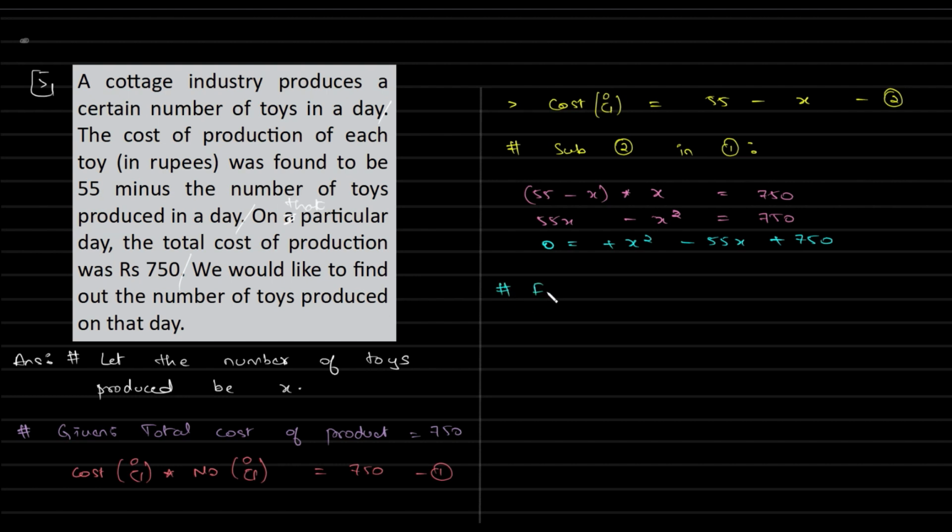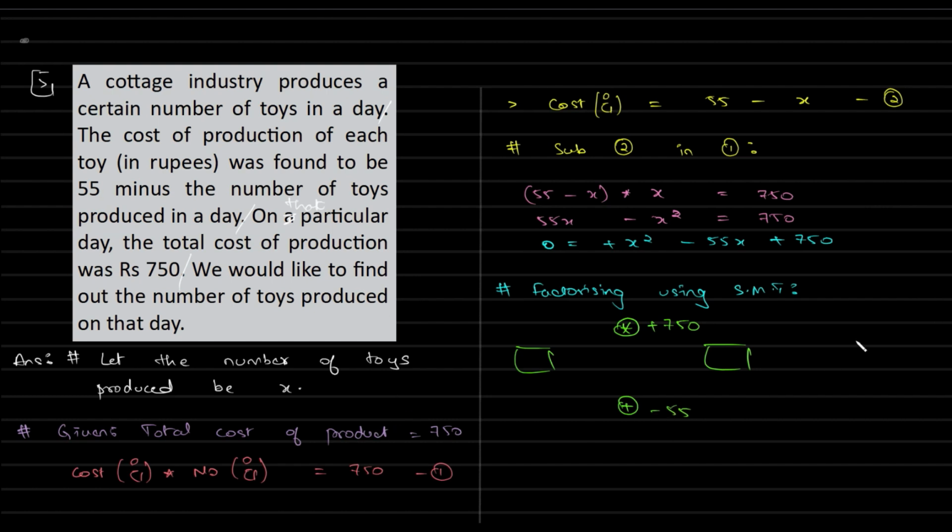So factorizing, using splitting the middle term. Now we're looking at two numbers which when multiplied should give me plus 750, and when added should give me minus 55.